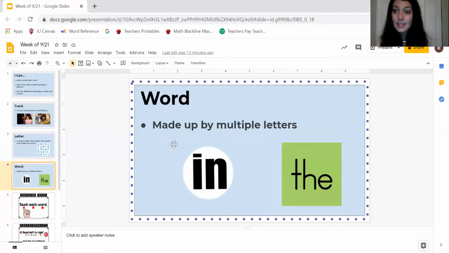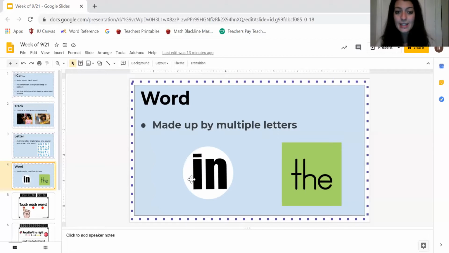Our last word today is the word word. So a word is something that we read that is made up by multiple letters. For example, this is the word in.